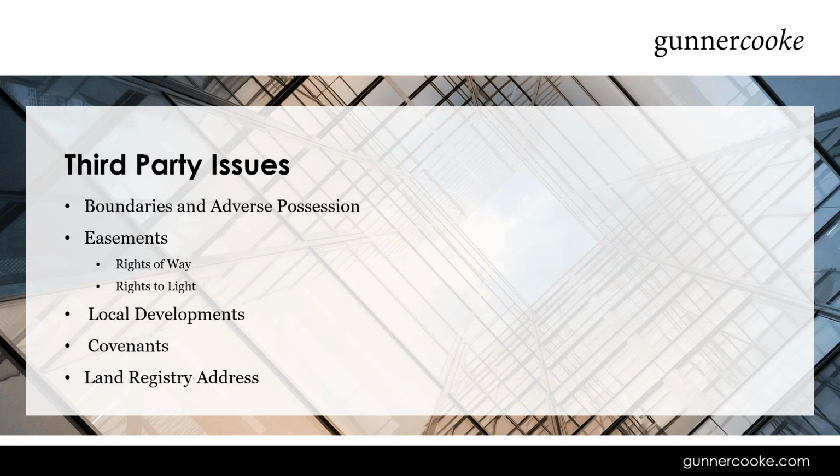It quite often happens when you've got residential properties abutting a commercial property and they've decided that they want to just extend their house or their garden or similar. A new fence or a new wall goes up and it's just a few feet over and then a few feet more. Before you know it, you've got an adverse possession claim, and if you then come to sell your freehold, you may find there's an issue with the boundaries, particularly if it's going to be sold for any kind of redevelopment. This can cause problems.